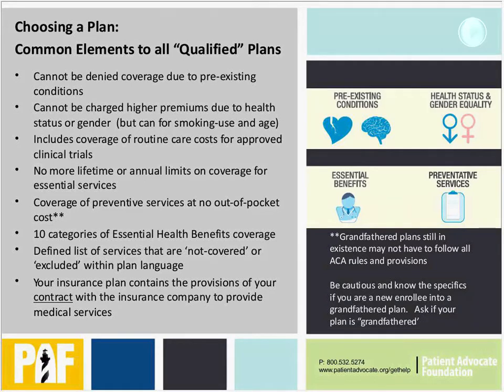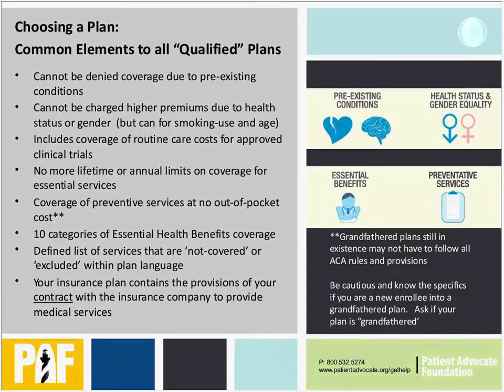There is an exception to that we won't get too in depth with tonight, but I just want to point out that there are some policies, particularly in the employer environment, where plans are considered grandfathered. If a plan is grandfathered, they do not have to follow all of the ACA rules and provisions that we're outlining here. So it's really important, especially if you're in an employer-based plan, to ask if the plan has been grandfathered, because if so, then you will not see some of these improvements that came as a result of ACA.